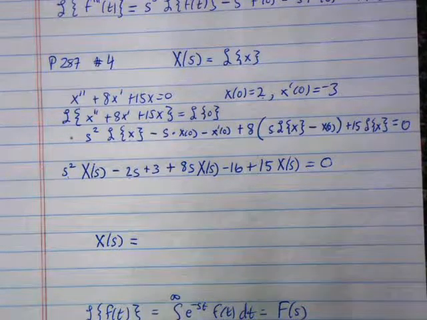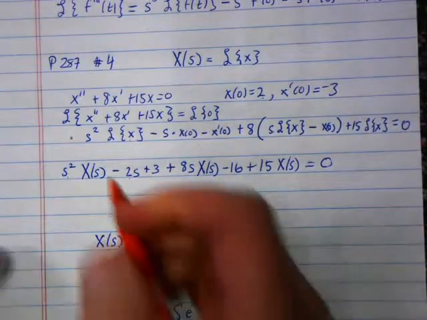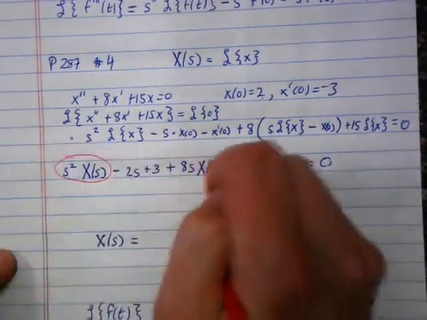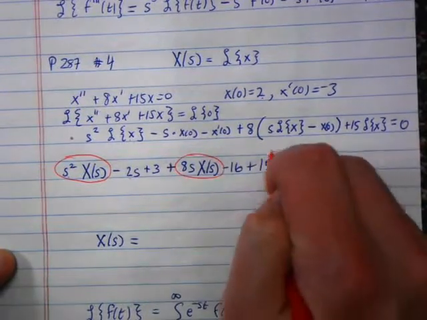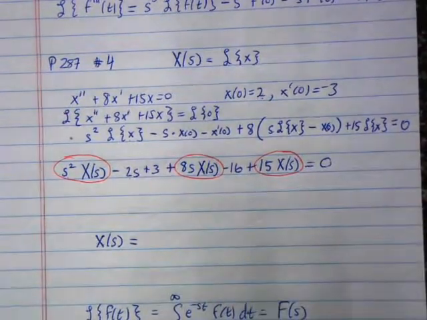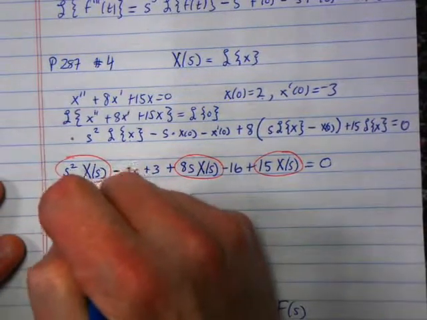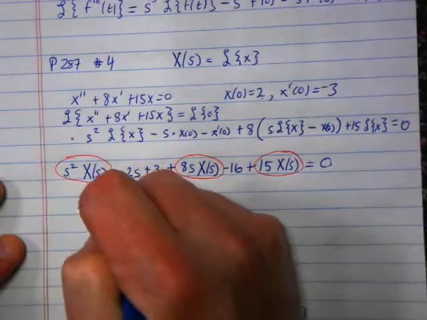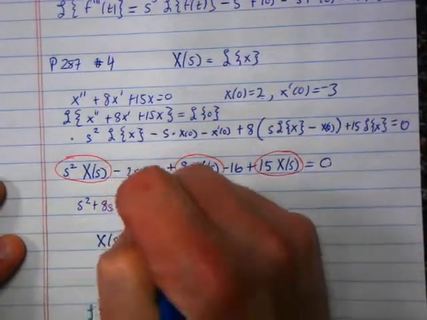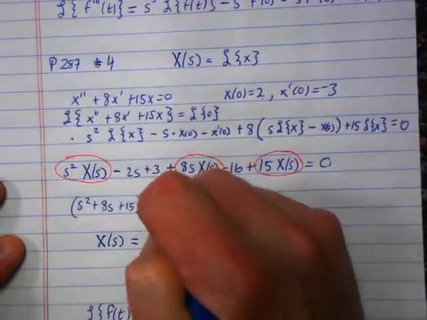All right, so the algebra I want to do is, I see that there are 3 things that all have the X of s in them. So I'm going to put those together, and I'm going to write this as s squared plus 8s plus 15 all times my capital X.